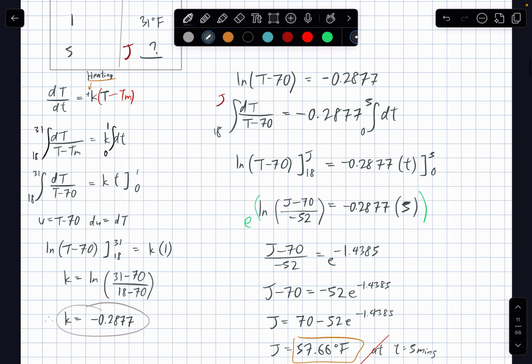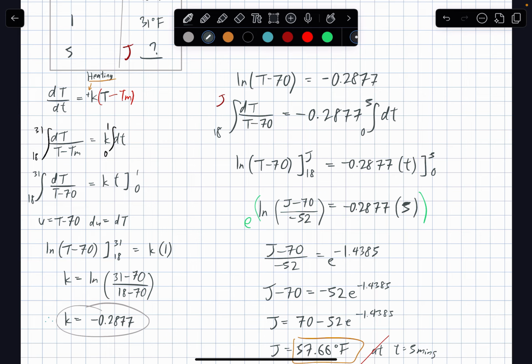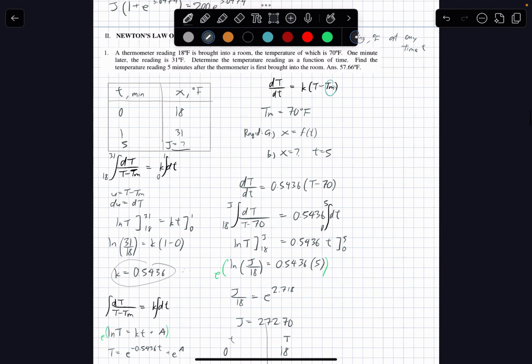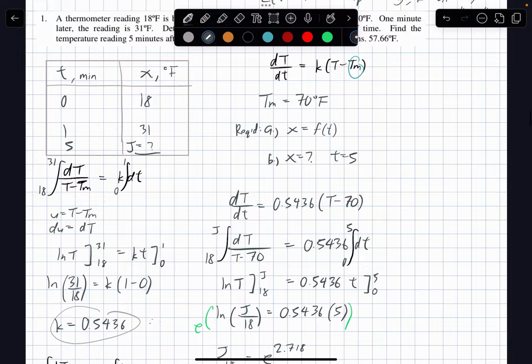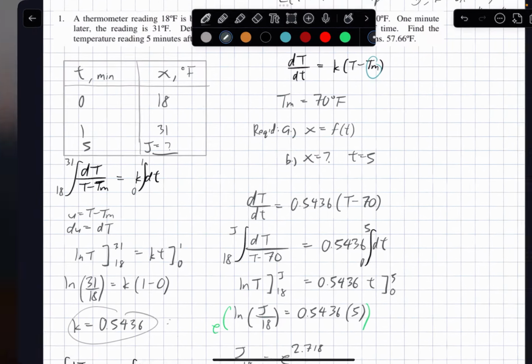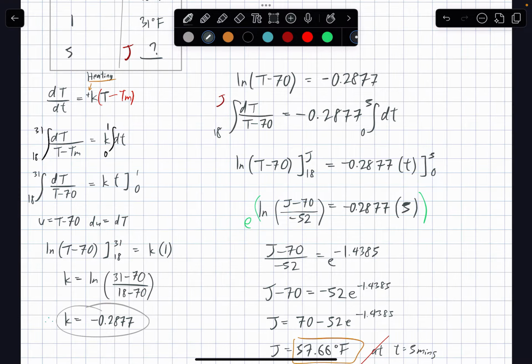The solution is very simple. Where did we get it wrong? k is... okay, so we already got it wrong with the k value. What happened? ln of 31 over 18 doesn't seem to be wrong.